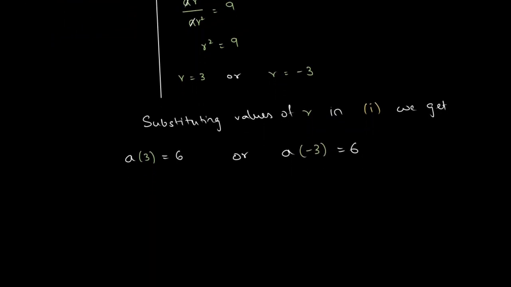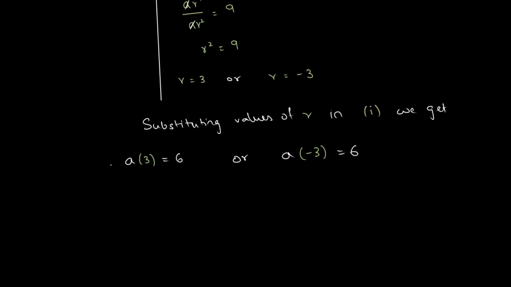Don't forget, you consider both the conditions. If you solve the first equation, a into 3 is equal to 6, I get the value of a as 2. And if I solve the second one, I get the value of a as negative 2.